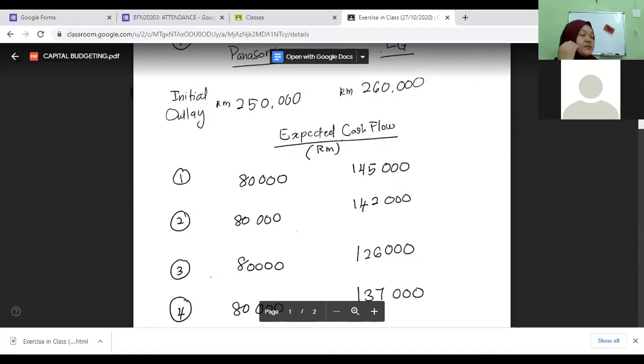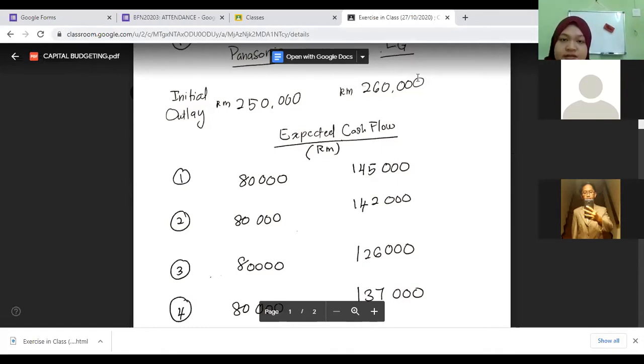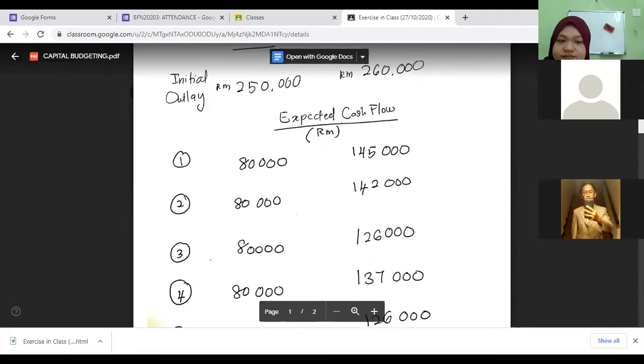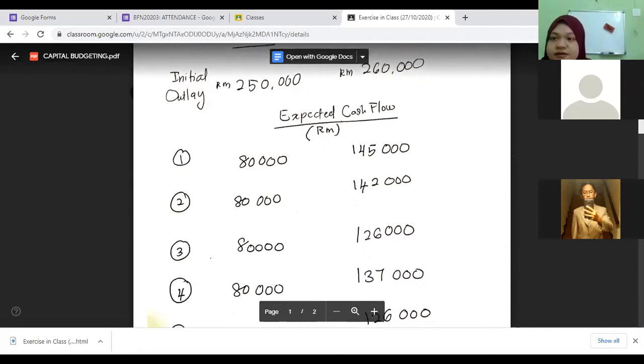Okay, let us do one by one. Have you taken this? Have you snapped this picture? Here, you snap this picture. Already snapped.